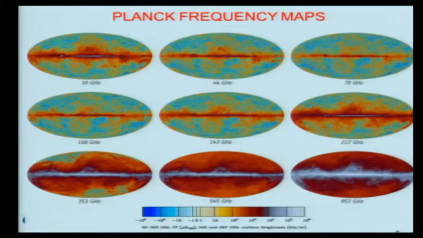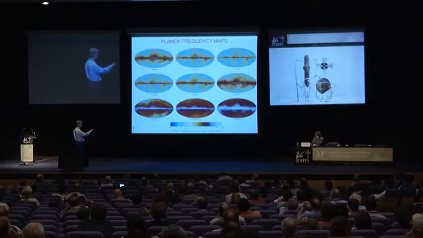So this is the data, 9 frequency channels covering a very wide range of frequencies, which is very important to disentangle, to separate between the cosmic signal and the astrophysical foregrounds. In particular, here already you can see everything. You can see the CMB in temperature, the blue spots mostly here.